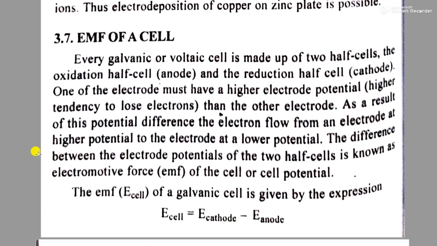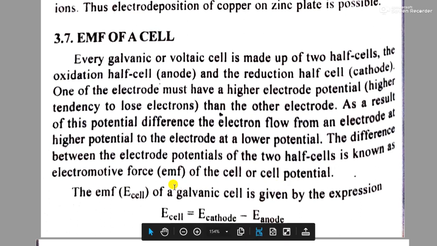Similarly, in the case of electrode potentials also, the electrons will flow from a higher potential region to a lower potential region. So the difference between the electrode potentials of the two half cells is known as electromotive force or EMF of the cell. It is also called cell potential.